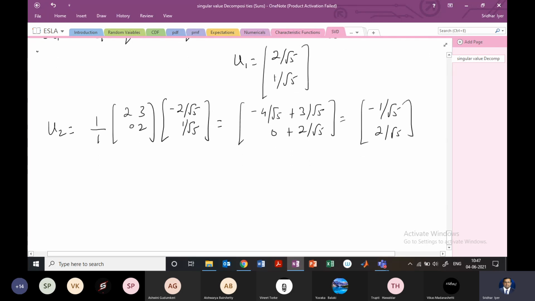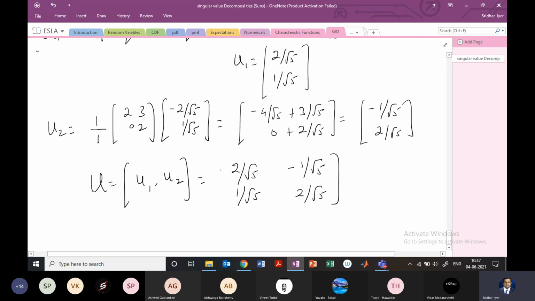Yes, sir. Okay, fine. So overall u is nothing but u1, u2. Therefore u will become 2 by root 5, 1 by root 5 for u1, and then negative 1 by root 5 and 2 by root 5 for u2.